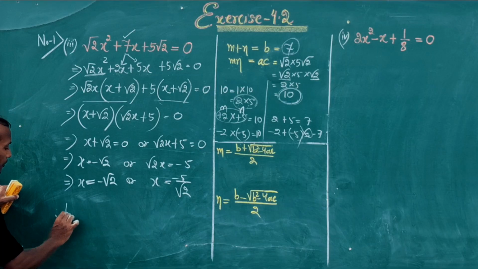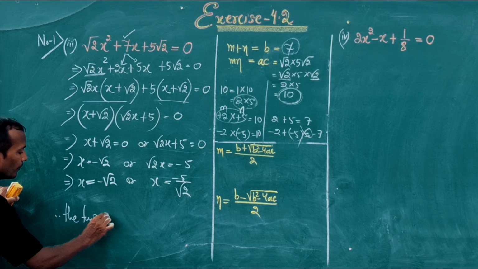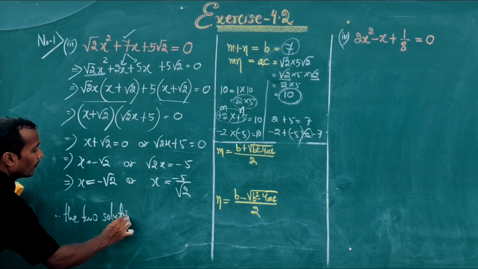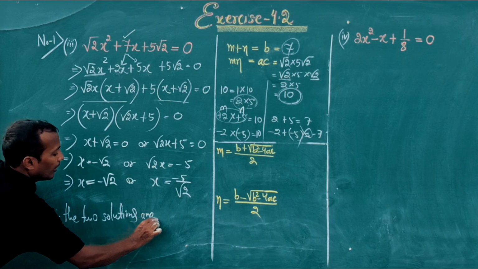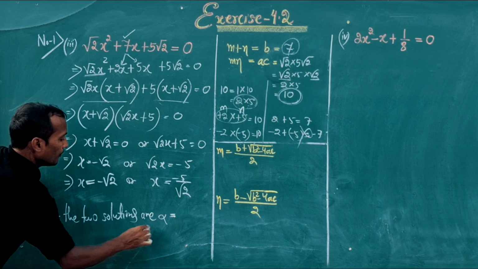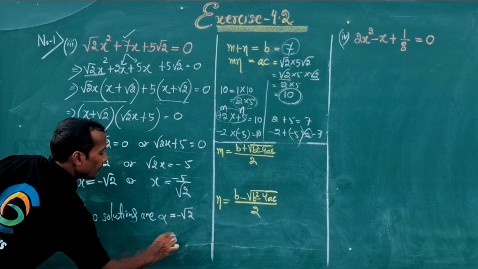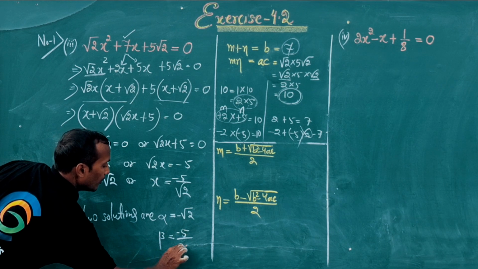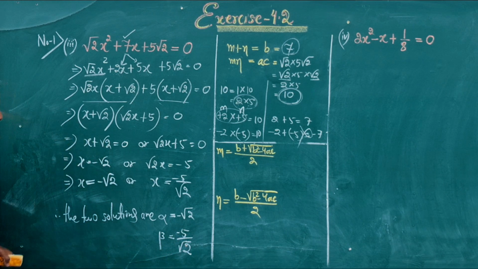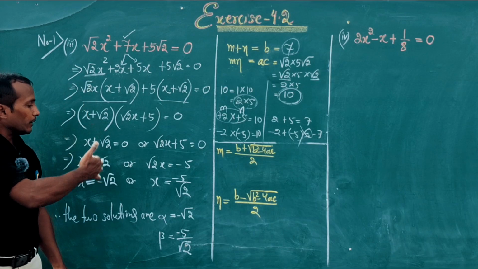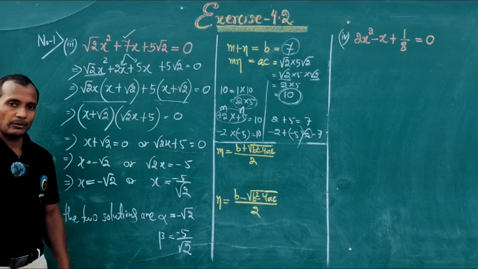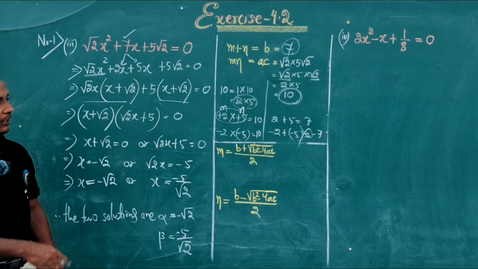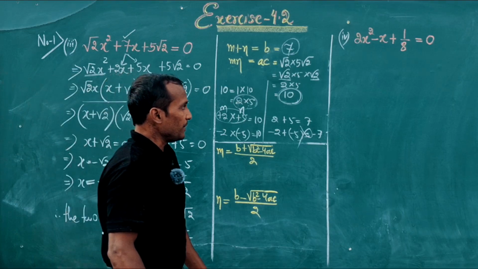So the two solutions are alpha is equal to minus root 2 and beta is equal to minus 5 by root 2. So we factorized it and we found the solutions. That's clear. We shall now move on to question number IV.